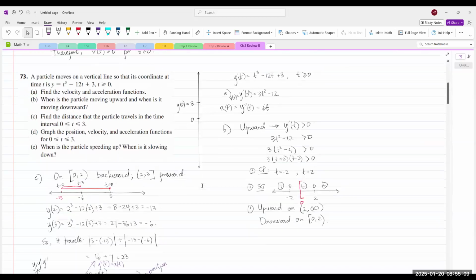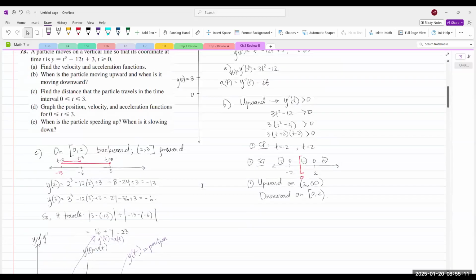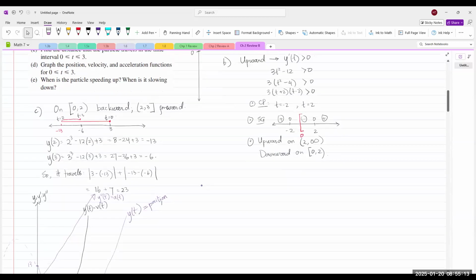Oh, you know what? That's part D. Now this is part E. When is the particle speeding up? When is it slowing down? Well, speeding up means the speed is increasing, which means the velocity is increasing.